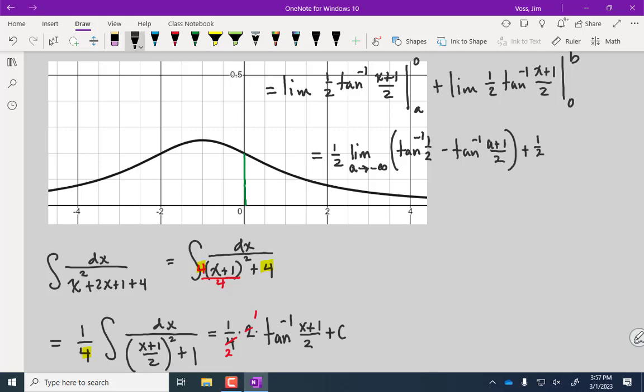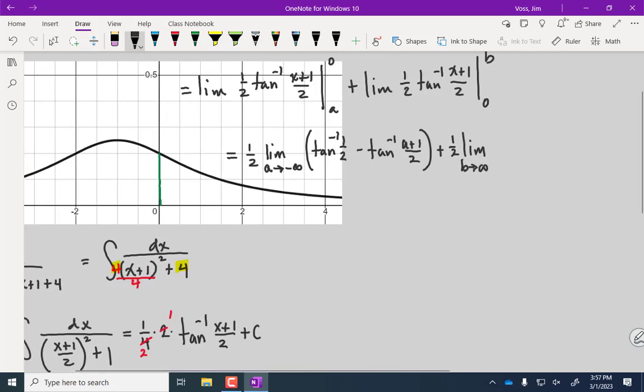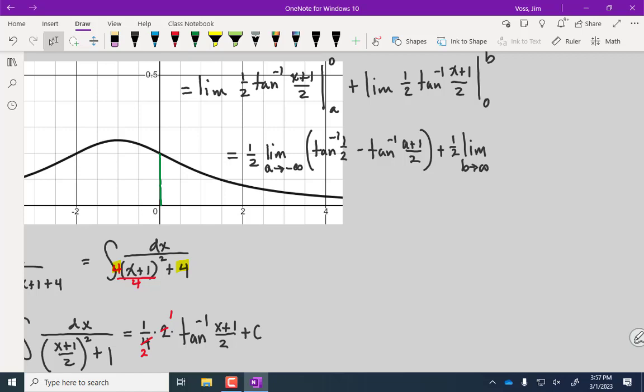Plus 1/2 limit as b goes to infinity, the other thing. So we're plugging in the upper and lower limit. Everyone okay with this? The upper limit is 0. Plug in 0 right there, and then plug in a. Same thing here. The 1/2 to the front, plug in the b, so we get arctan of b plus 1 over 2 minus arctan of 1/2.